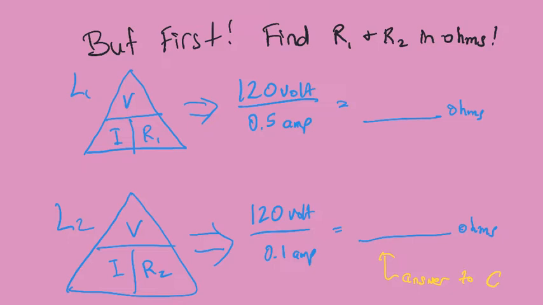So what is R1? Let me get a pen marker here. So R1 is, divide, okay? Take the top number, divide by the bottom number, write that number down as the number of ohms. Okay, go ahead and do that.